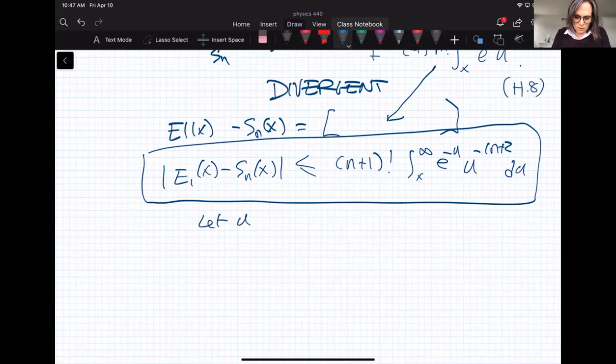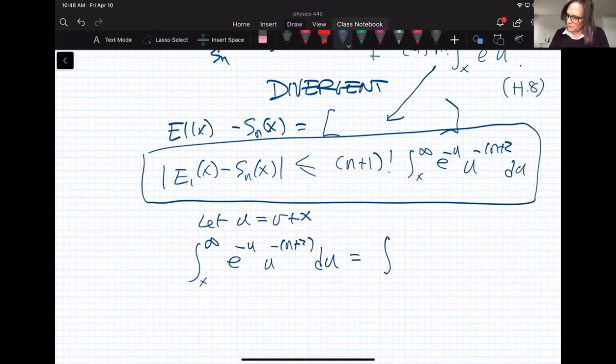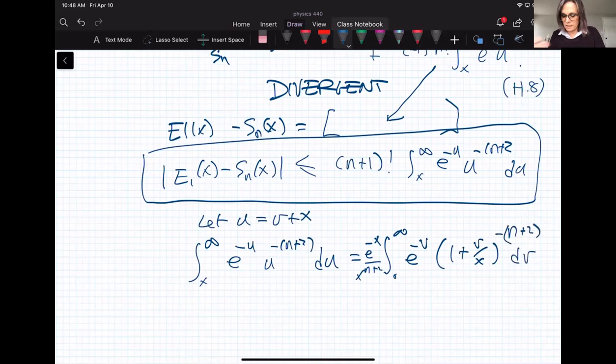If you let u be equal to v plus x, you could represent this integral, e to the minus u, u to the minus n plus 2 du, and eventually beat that into e to the minus x over x to the n plus 2, times the integral from 0 to infinity of e to the minus v, 1 plus v over x to the minus n plus 2 dv.